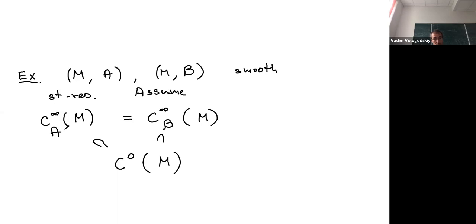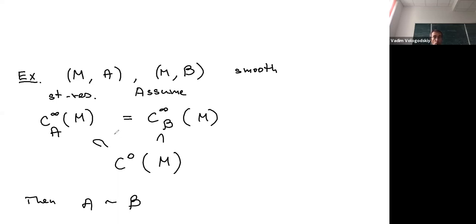I'm asking that these two spaces be equal as subspaces of this large ring. Then the two smooth structures are actually equal, so the two smooth atlases are equivalent. So a smooth structure is determined by global smooth functions. I'm going to use this exercise many times.